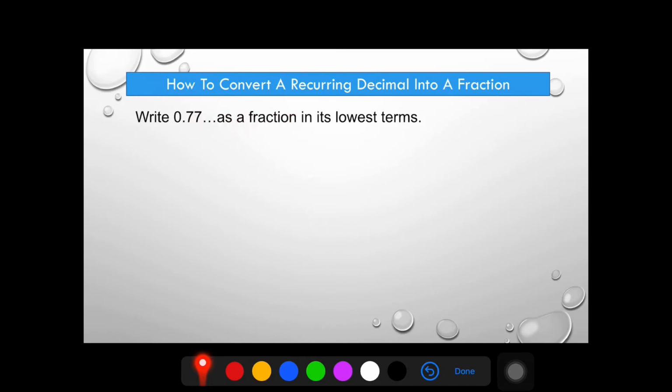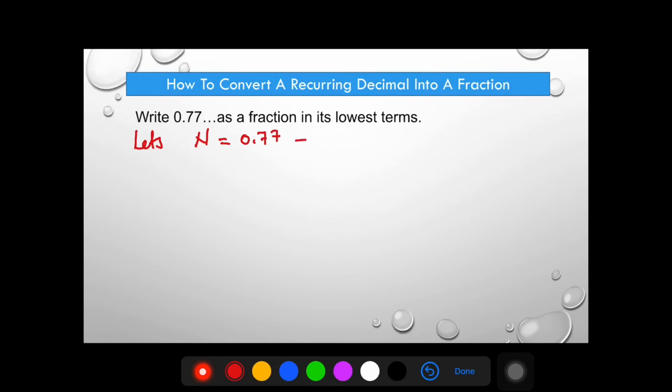Write it as a fraction in its lowest term. So we can try to use substitution. Let me just put any symbol, n equals 0.77.